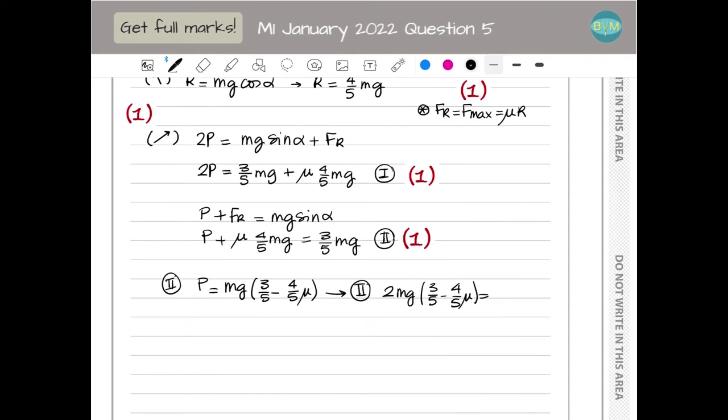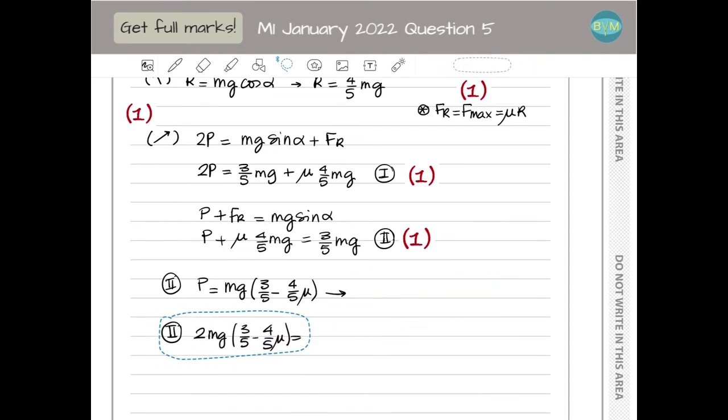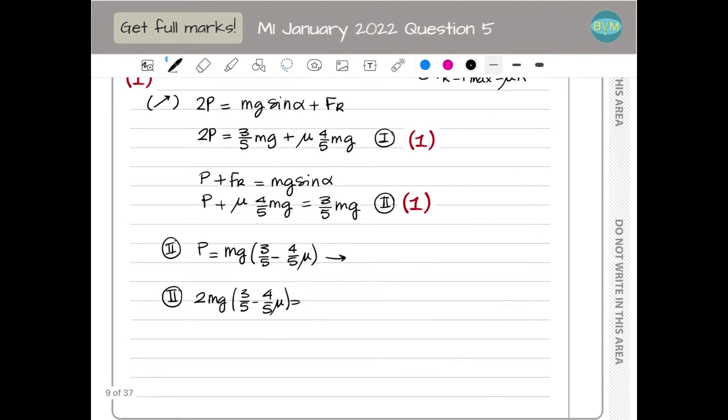So 3/5, I don't have space, so I'm going to move it down here. Is going to be 3/5, and I'm going to factorize this mg again so I can cancel it, it's just better. Mg times 3/5 plus 4/5 of mu.